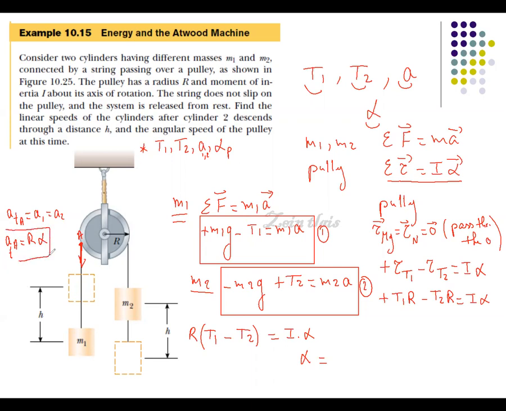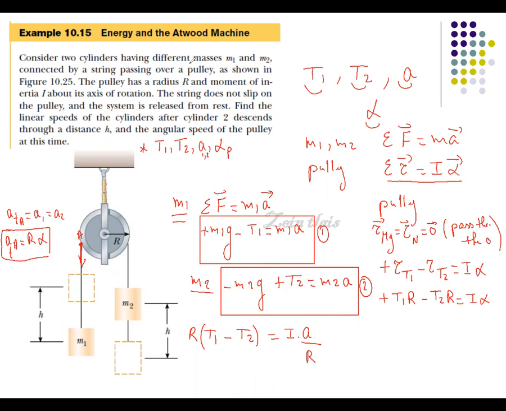So alpha equals A divided by R. Here we can eliminate alpha and write A divided by R. As you see, we can calculate T1 from the first equation, T2 from the second equation, and A from this relation. Now the calculation is easy.